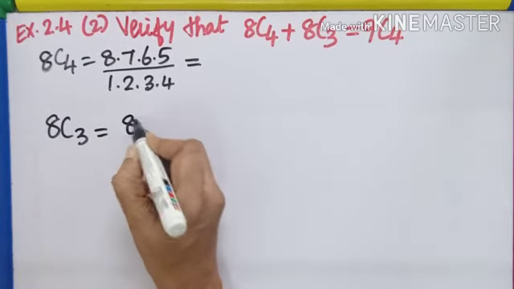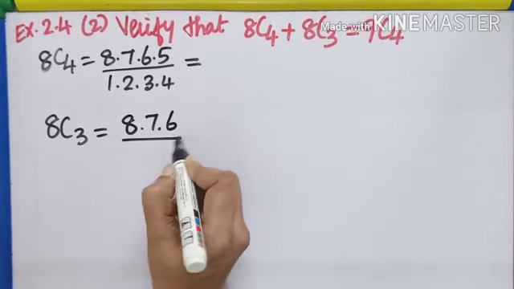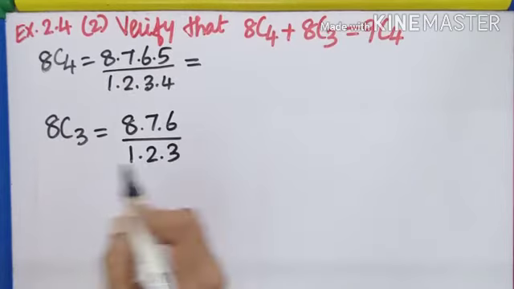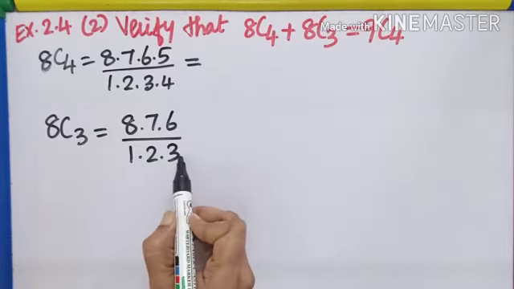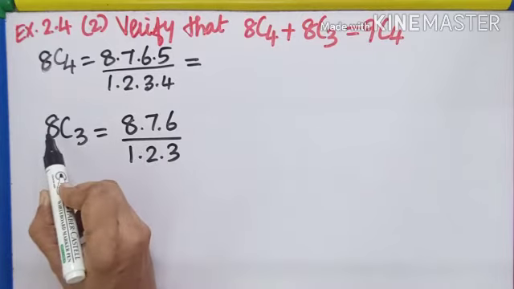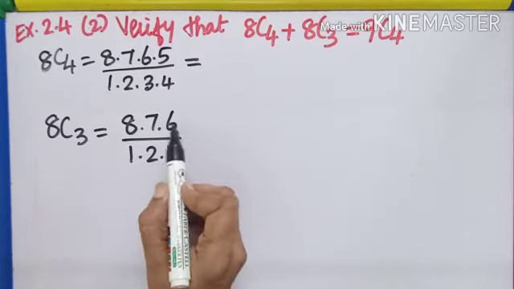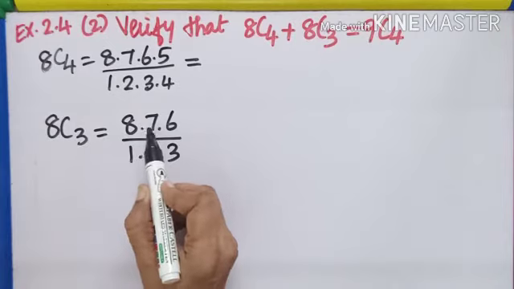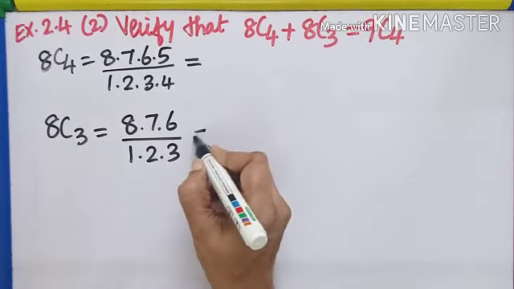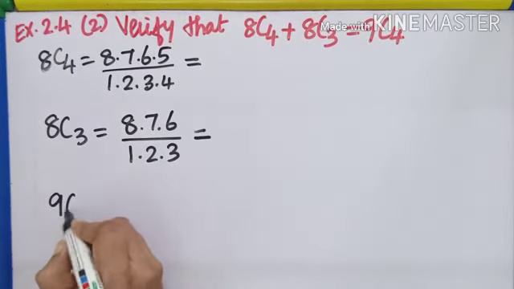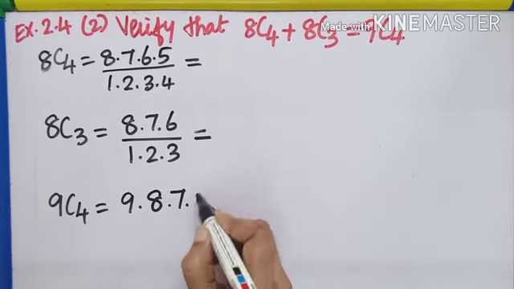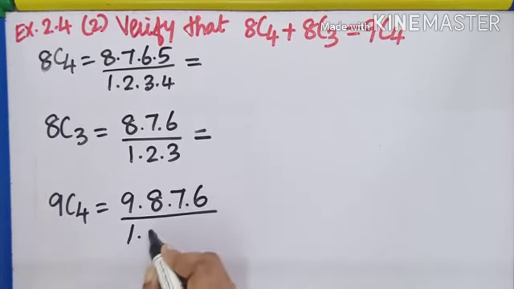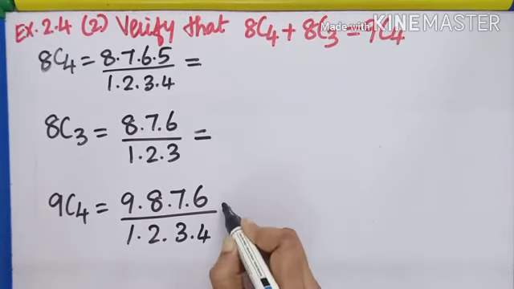8C3 implies 8, 7, 6 by 1, 2, 3. When it is 3, denominator is 1 into 2 into 3. Numerator starting from 8, I must write the next previous numbers: 8 minus 1, 8 minus 2, like that. 9C4. What is 9C4? 9, 8, 7, 6 by 1, 2, 3, 4.